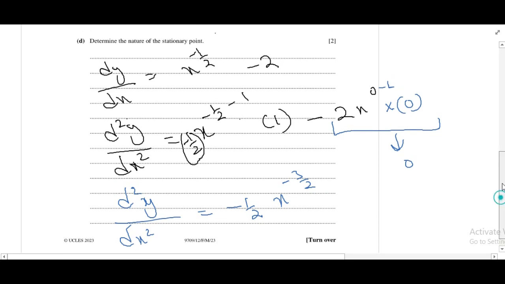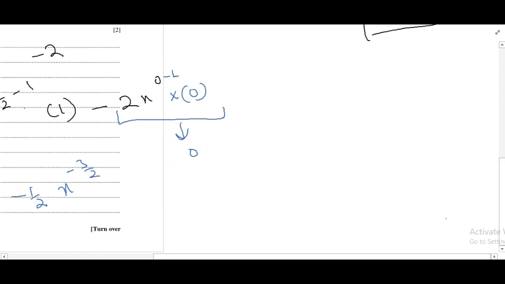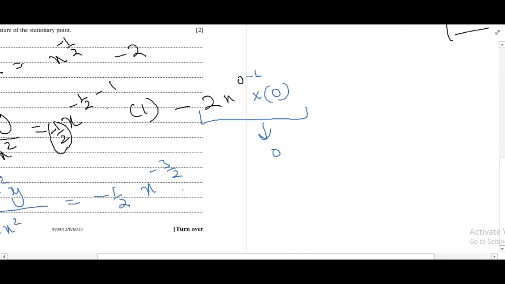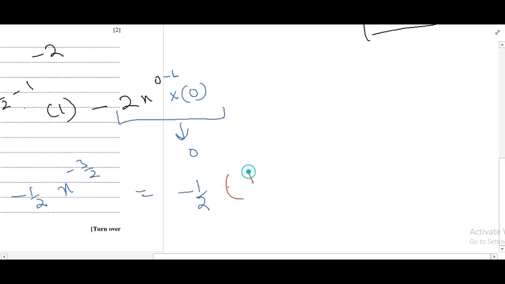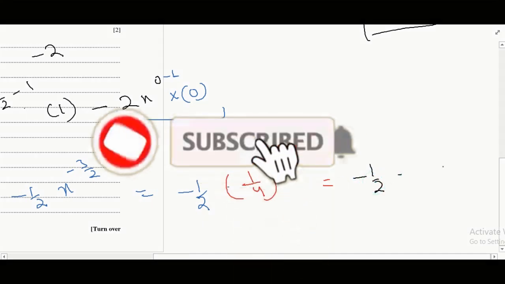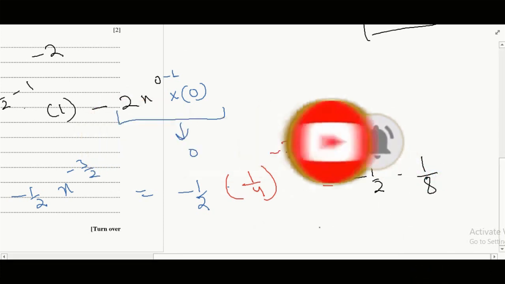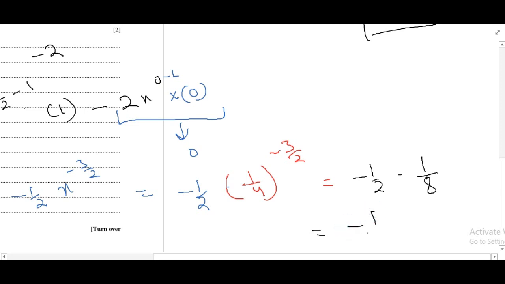Now what was the value of x? 1/4. Straight away you can see that the sign is negative. We have negative 1/2 times 1/4 to the power of negative 3/2, so it becomes negative 1/2 times 8. Sorry, 1/2 times 1/8 in magnitude, so it becomes negative 1/16, which is less than 0.